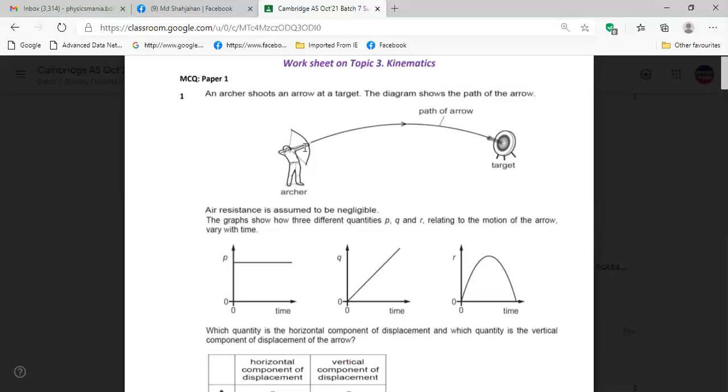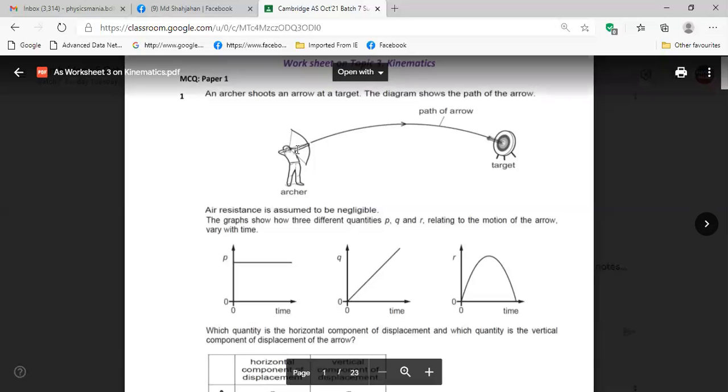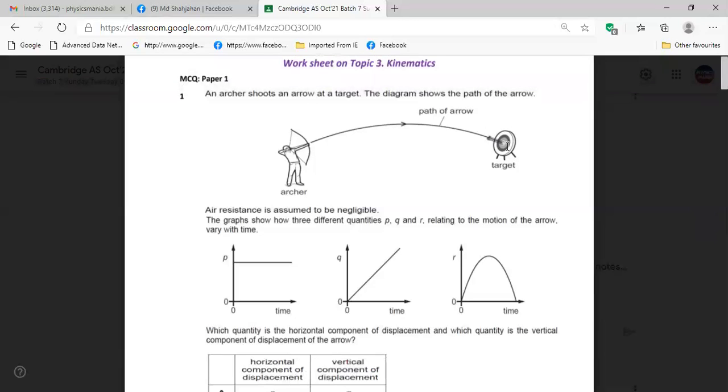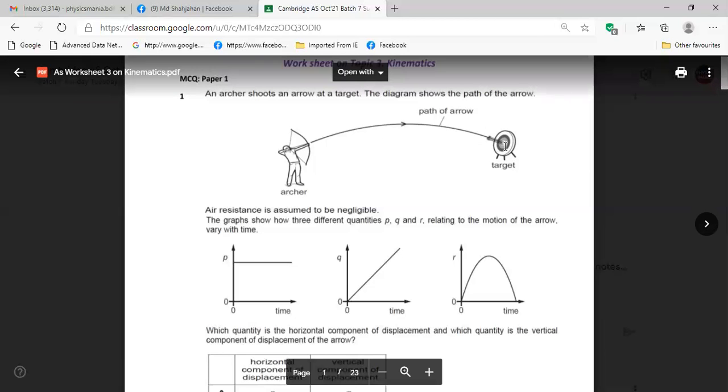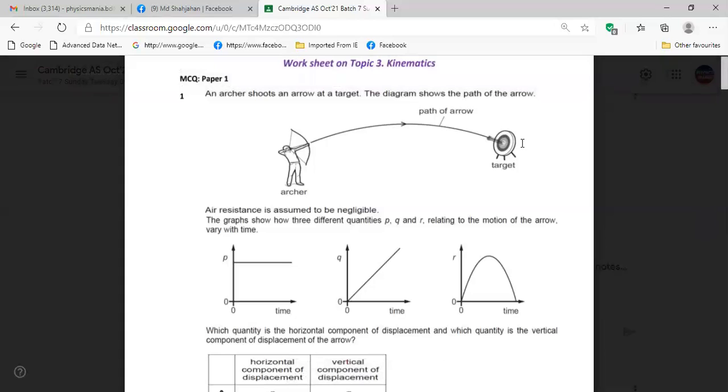Also for this archer, when he's throwing the arrow from this position, it's returning back to the same position, right? The arrow. So this position and this position, the displacement is zero, right? Vertical displacement.